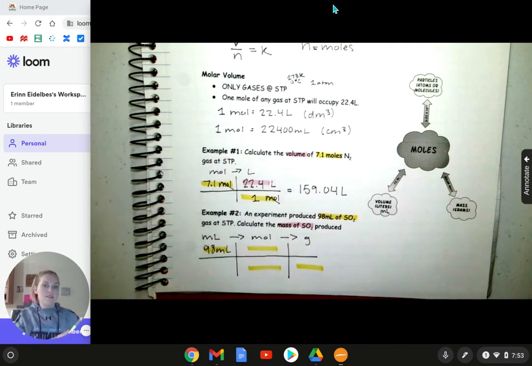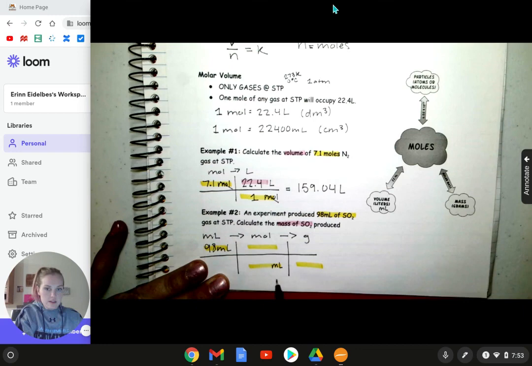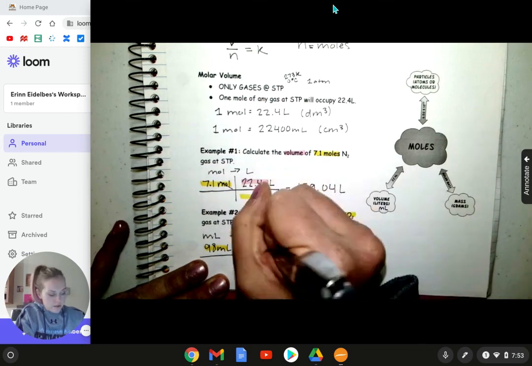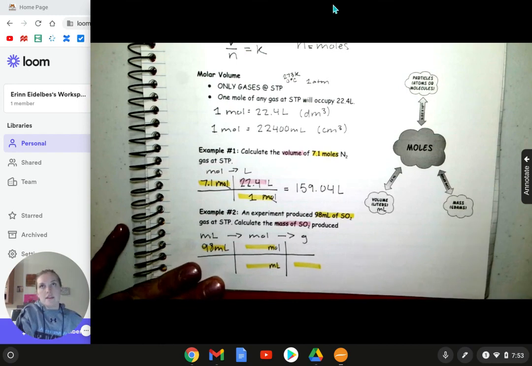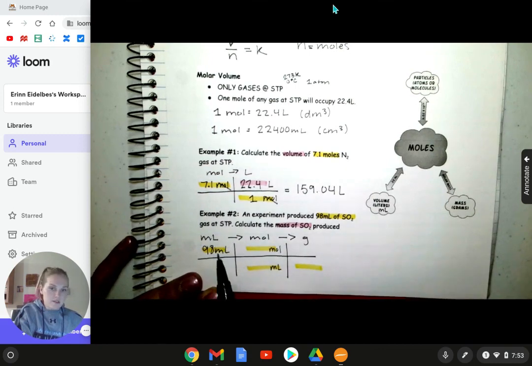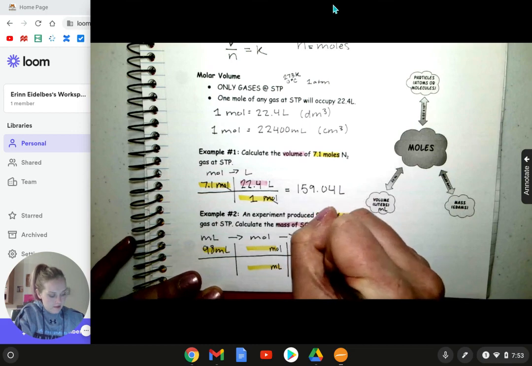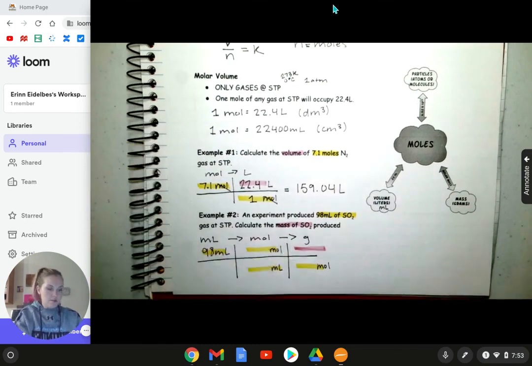So everything in yellow is going to have a unit that cancels. Milliliter. Then moles. And I said this during stoichiometry and in mole conversions, my steps that I write here are also the units that go in these top boxes. So we have moles, and then we're trying to find that mass, which is grams.